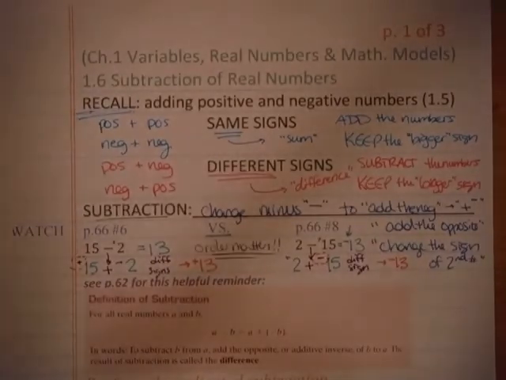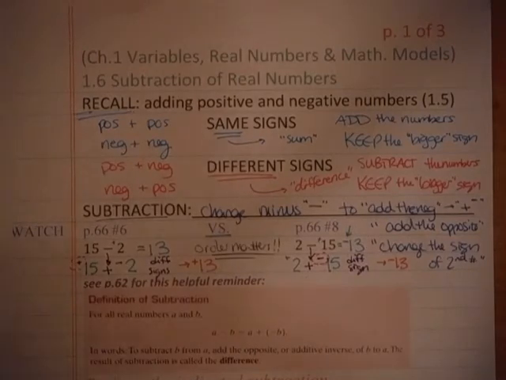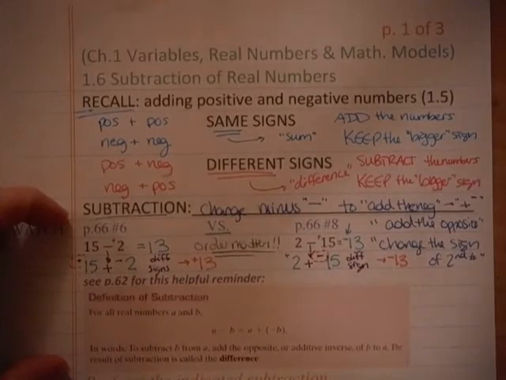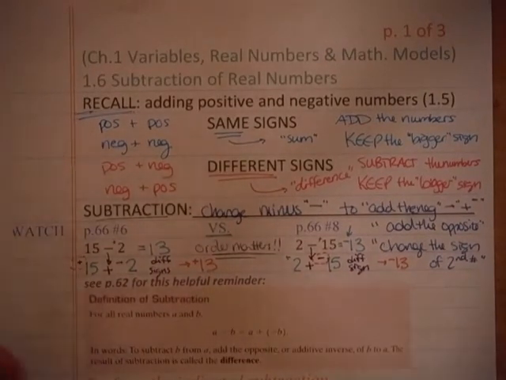Okay, so we're going to look at some examples of that. I'll say it again many times this term. If you are already good at adding and subtracting positive and negative numbers, then don't try to change the way you think. Don't overhaul everything.